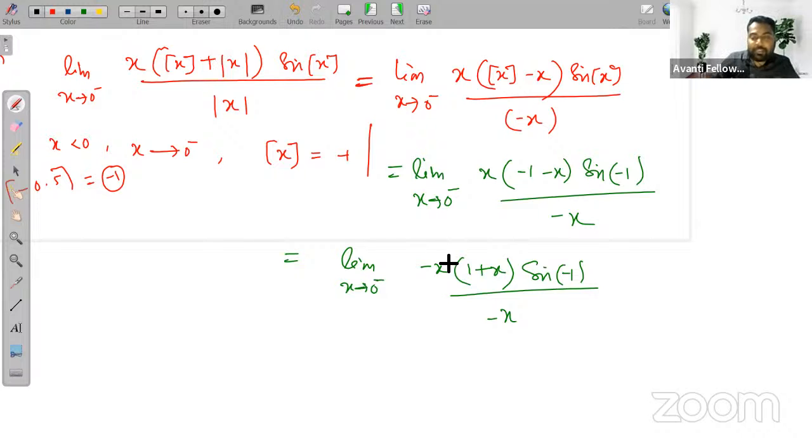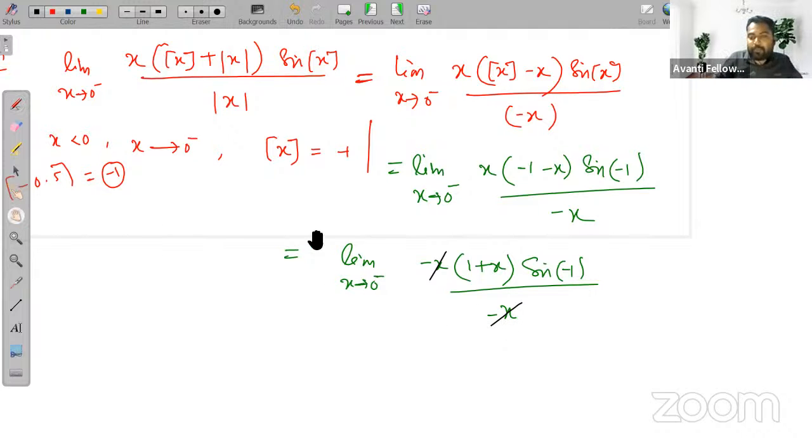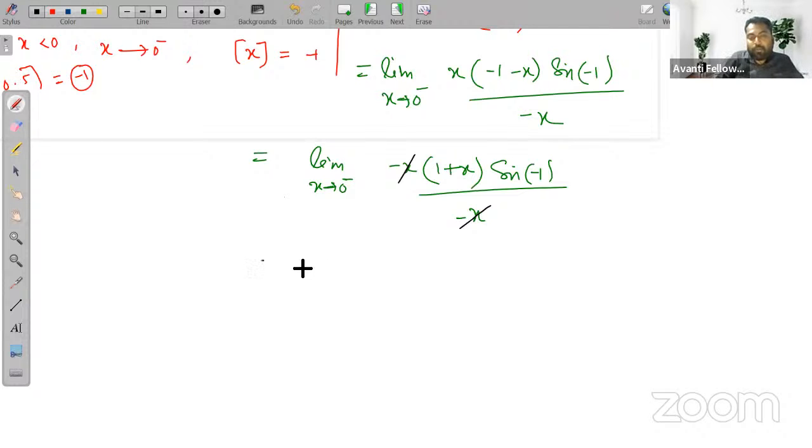So now we can see we can cancel out -x from the denominator and numerator also. So what we are getting here after cancelling: limit x tending to 0 minus of 1 plus x into sine of -1.